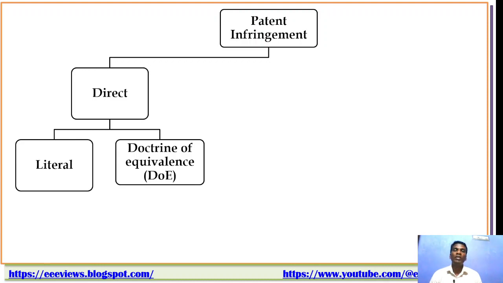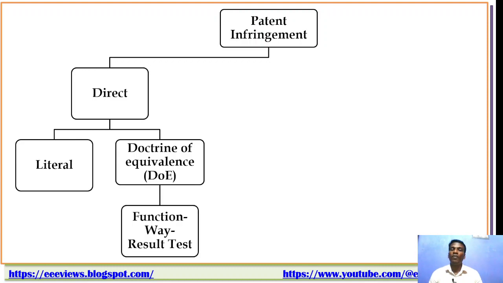The process is the same, only the acid differs, and the end result is also the same. So he is not copying literally, but he is infringing. That is known as the doctrine of equivalence. How can we find this out? From the function: if the purpose is the same, the function is the same, or you are getting the same result, then the infringement is happening. So this is direct infringement.